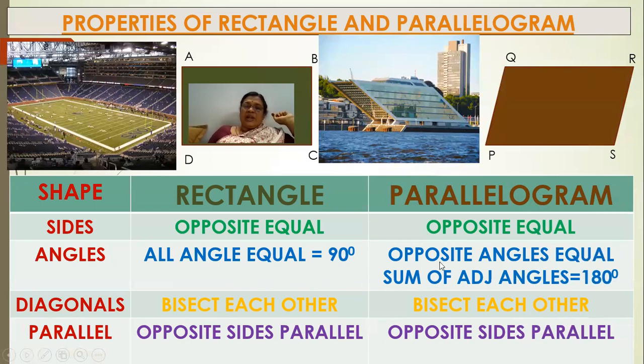When you add the adjacent angles, see this angle P and angle Q, when you add these two angles, it will be equal to 180 degrees. Regarding the diagonals, in a rectangle the diagonals will bisect each other, and in a parallelogram also, the diagonals will bisect each other. Looking at parallel lines, the opposite sides are parallel in a rectangle, and in a parallelogram also the opposite sides are parallel with each other.